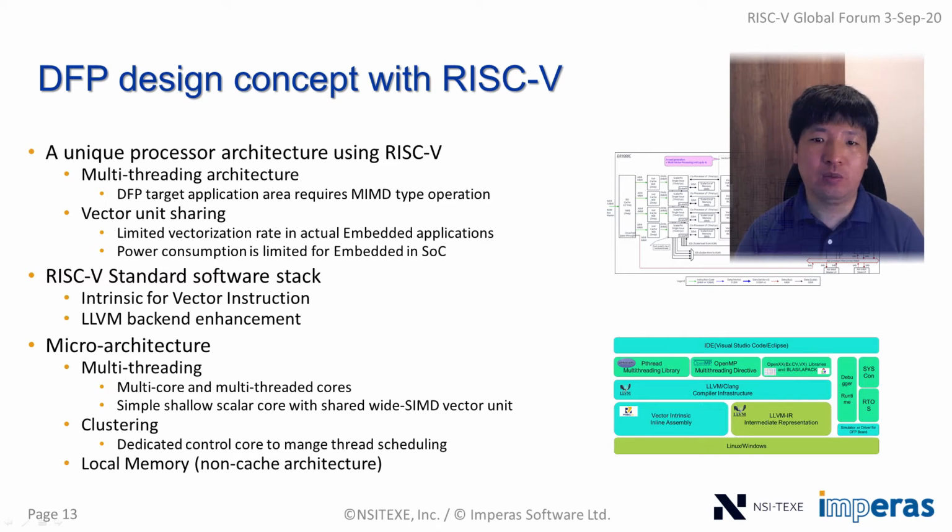This serialization will spoil the vector unit because it causes the vector unit to idle. To avoid this waste, DFP's scalar unit shares the vector unit and issues the instructions in an interleaved manner.